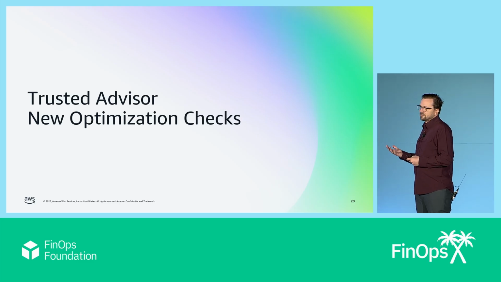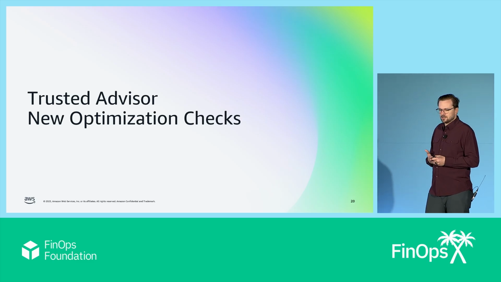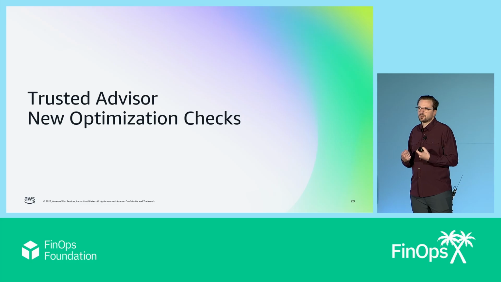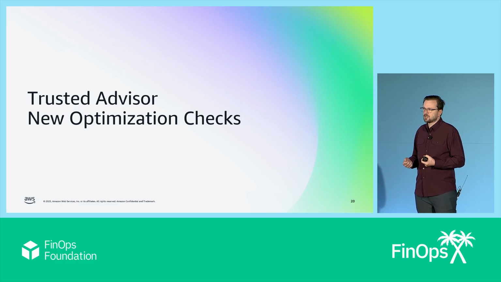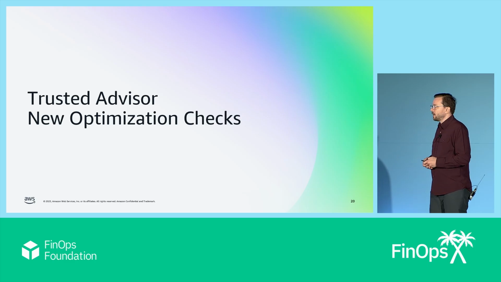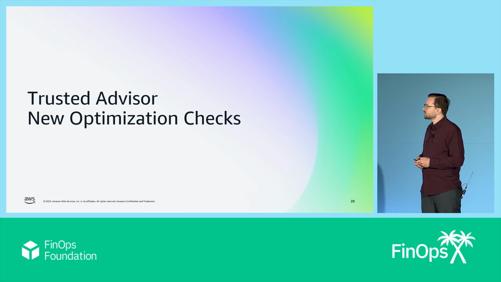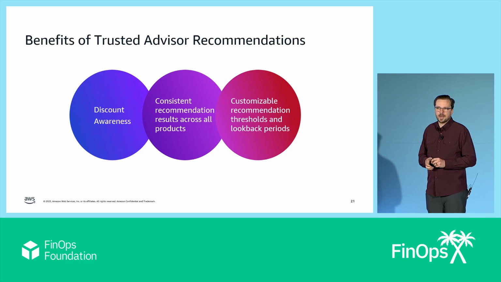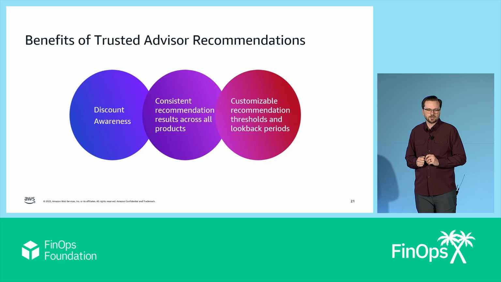we worked with the Trusted Advisor team, and we took a look at what it would mean to take all of the recommendations we had in the Cost Optimization Hub and port them over into Trusted Advisor, so engineers, application teams, and individual users of AWS resources would see the same recommendation results in all of those products. So we're pleased to announce that last Thursday, we launched an integration between the two different products, and there are now 15 new recommendations for optimization in Trusted Advisor that match what you see in Cost Optimization Hub.